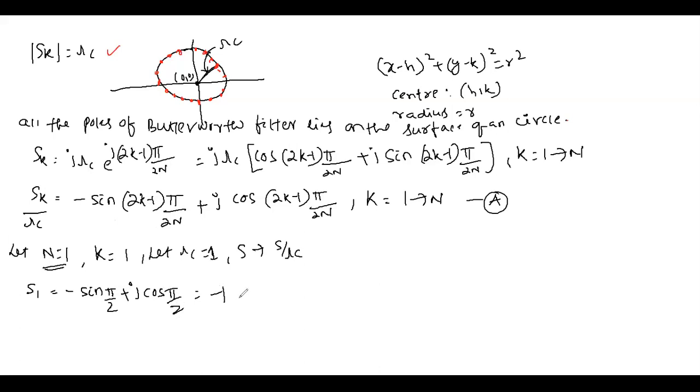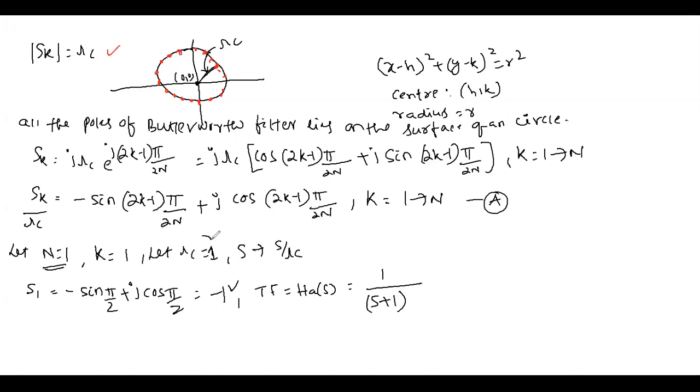Okay, then what is the transfer function? Transfer function H(s) equals 1 divided by, when the pole is minus 1, how are you writing? It's s plus 1, yes or not? Because the pole is minus 1, so 1 by s plus 1.